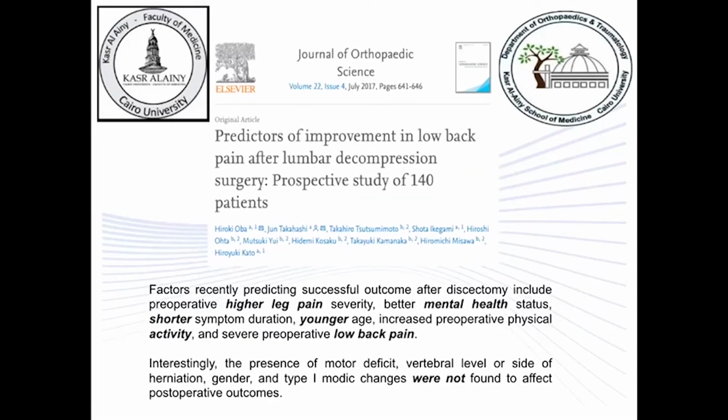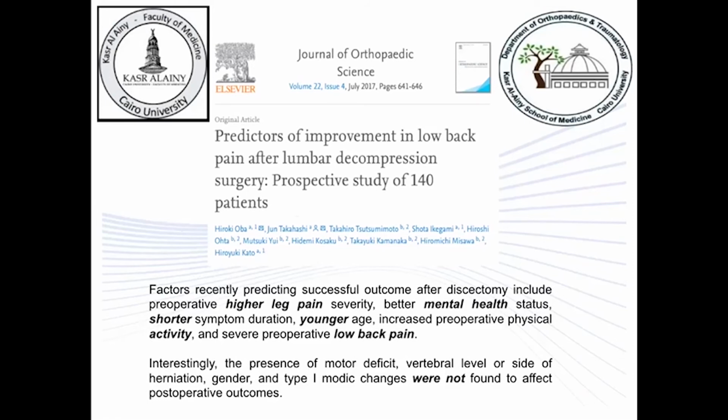In 2017, Abou et al. published a paper, Predictors of Improvement in Low Back Pain After Lumbar Decompression Surgery. And he mentioned that the preoperative higher leg pain severity, better mental health status, shorter symptom duration, younger age, increased preoperative physical activity and severe preoperative low back pain yielded successful outcome after discectomy.